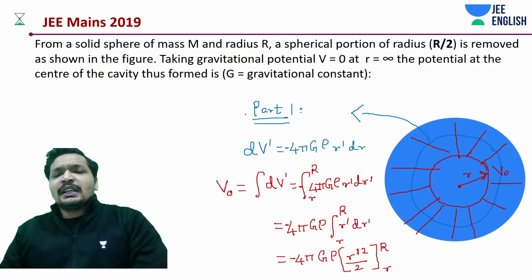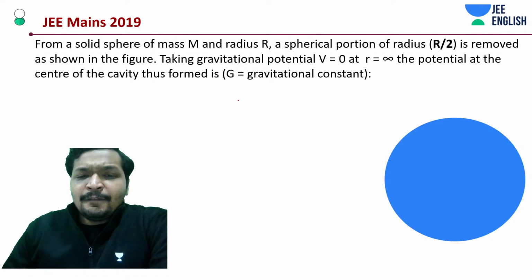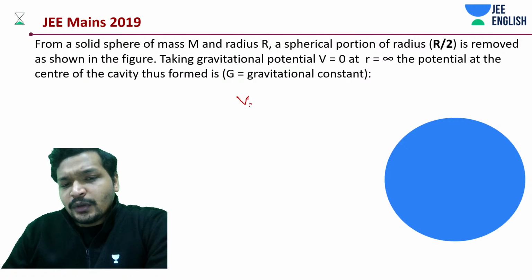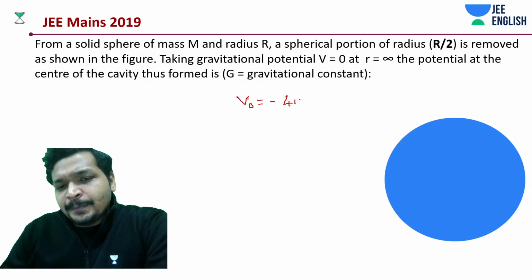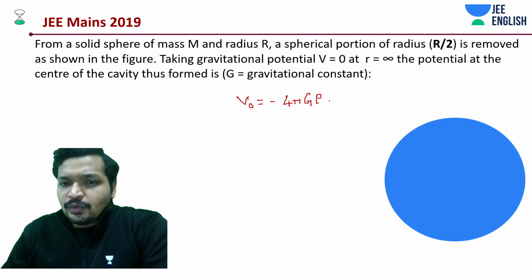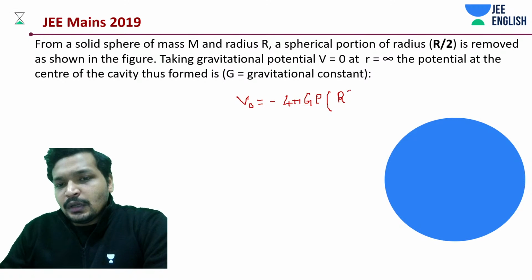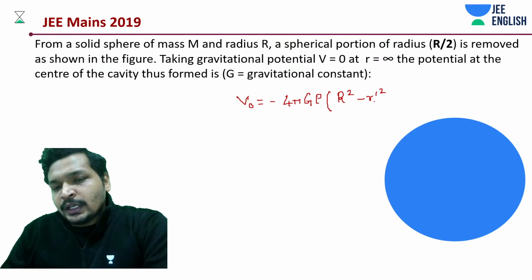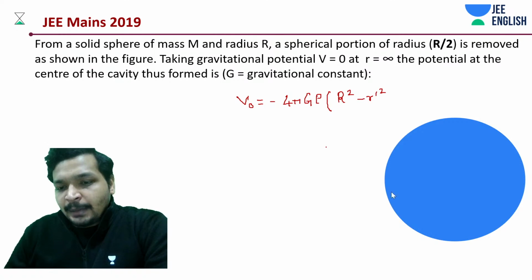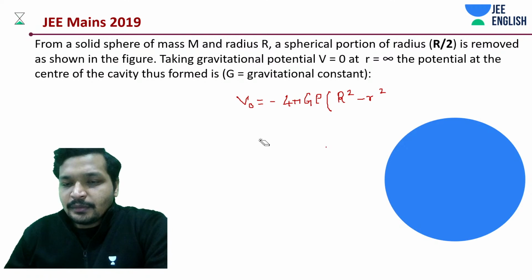We have something like V outside to be minus 4 pi rho divided by 2, R square minus capital R square minus small r square.